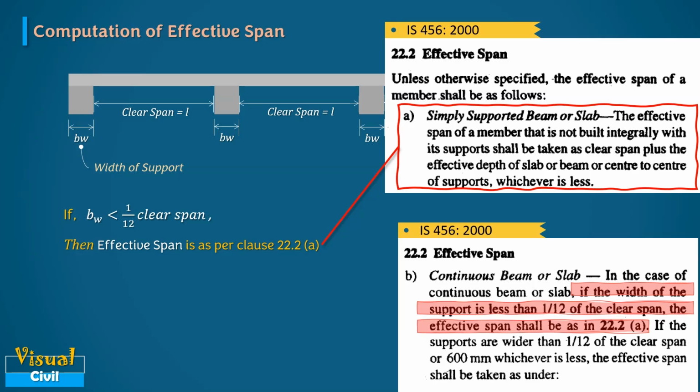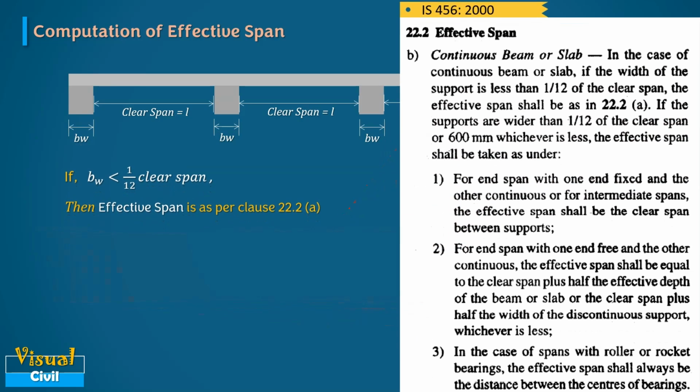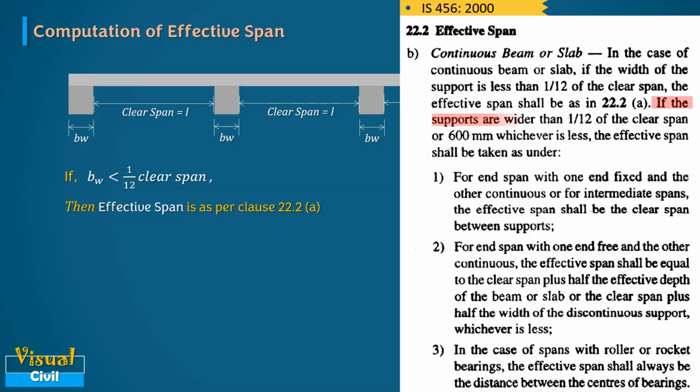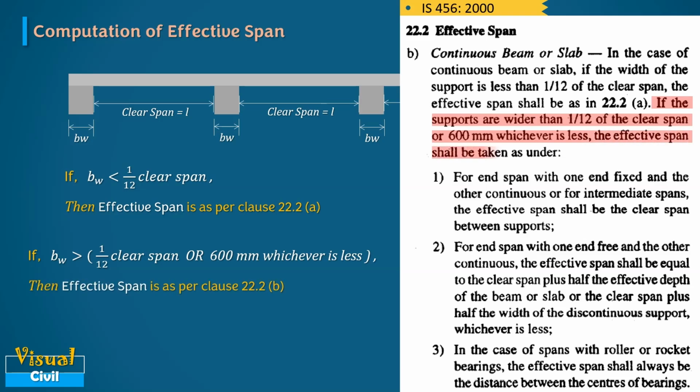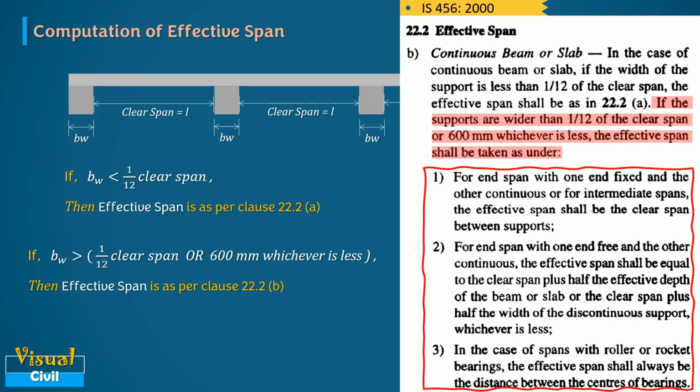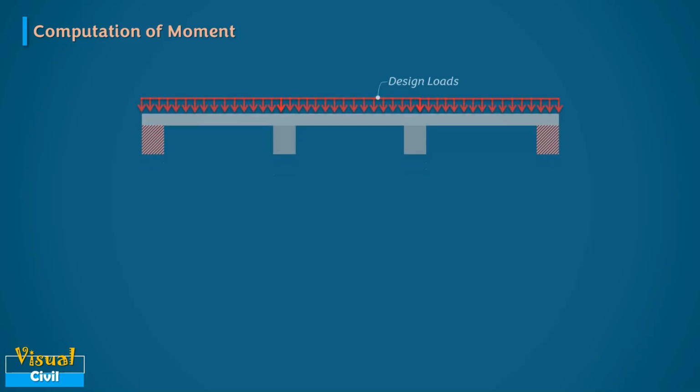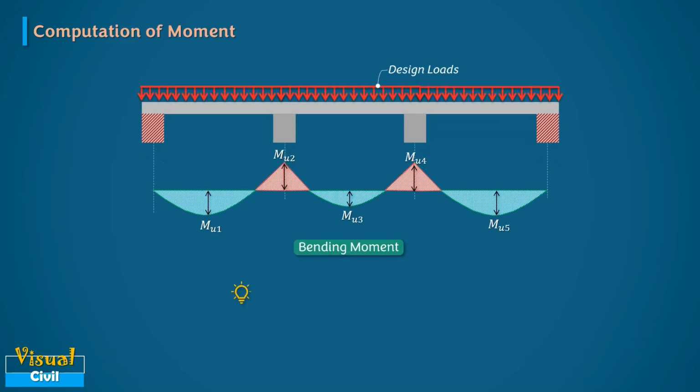But if the supports are wider than 1/12 of the clear span or 600 mm, whichever is less, then effective span shall be computed as per clause 22.2b. The factored moment Mu at any section is obtained by detailed analysis using any analysis methods or using moment coefficients if appropriate.